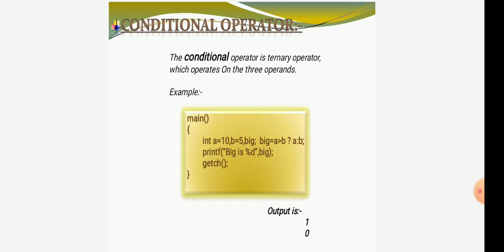So the condition is true, that is the value of a is greater than the value of b, and it will print a. In printf we have the big variable, and in the output you can see it will print 10. So this is our conditional operator.